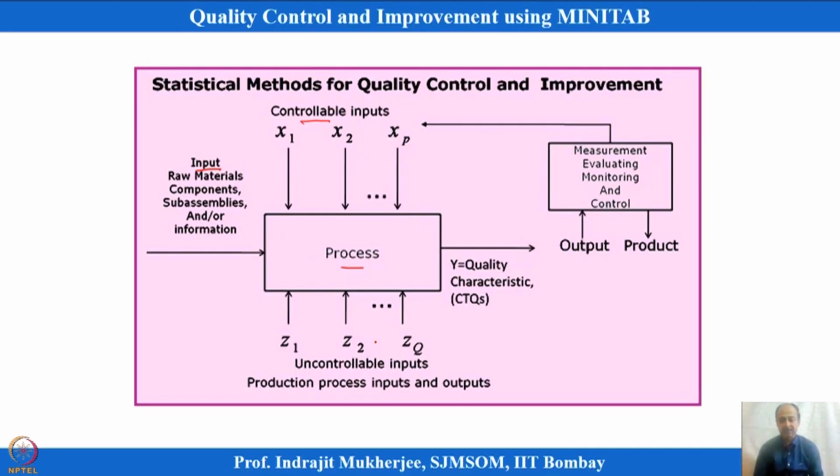They may impact the process, but we cannot control them. Maybe supplier to supplier variation is a noise, because I cannot rely on one supplier and need to have various suppliers. I know it influences the outcome, but I cannot do anything about it.